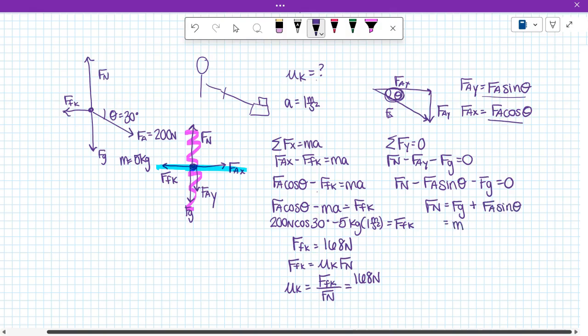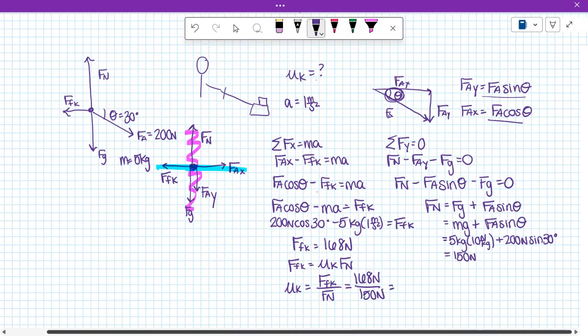Force of gravity is found by doing mg. So now I can substitute in 5 kilograms times 10 newtons per kilogram plus 200 newtons times the sine of 30. That's 50 plus 200 sine 30, and that gives me a normal force of 150.